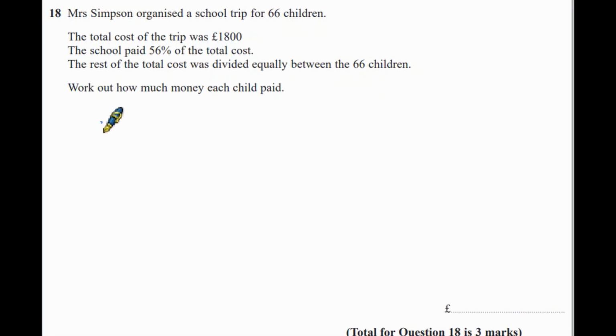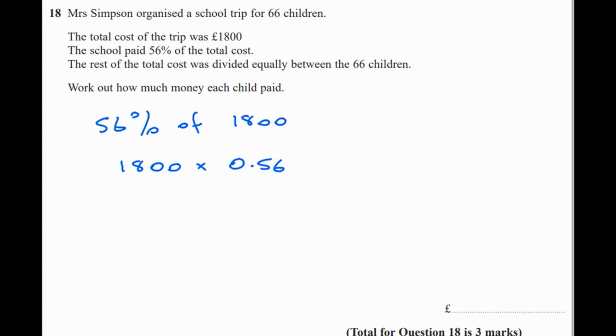So first of all, we need to know what is 56% of the 1800. And we can do that a few different ways, but with a calculator, the easiest is 1,800 multiplied by 0.56. Multiply by the equivalent decimal.